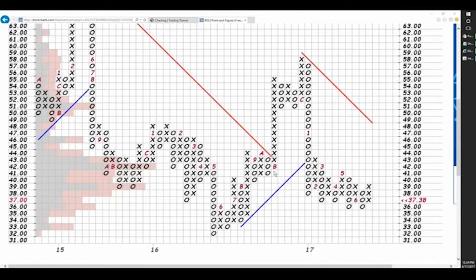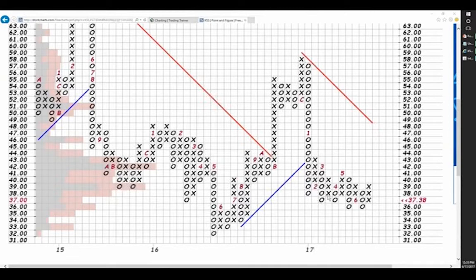Point and figure charts, of course, instead of incrementing along the horizontal axis based on time or date like a normal price and volume chart, increment based on reversals. And where do reversals happen? Typically at support and resistance, right?